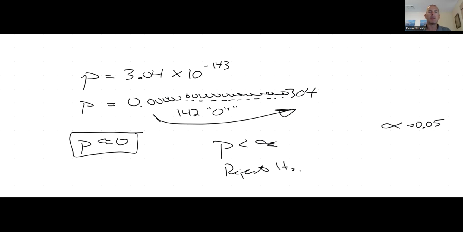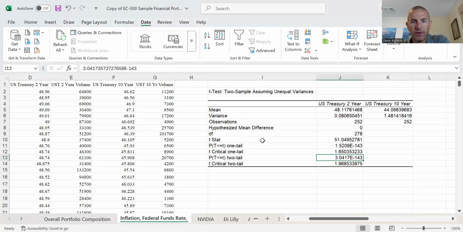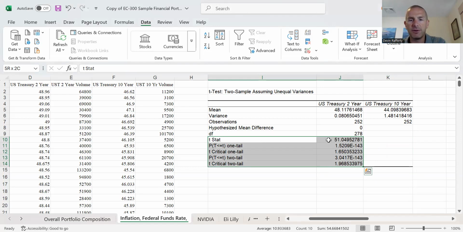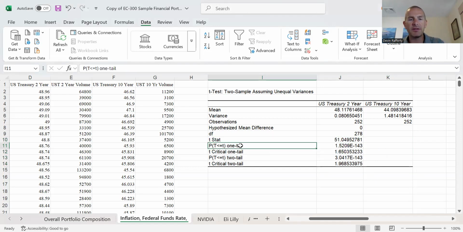Okay. Where did I get all that from? I got it from right here, right? I got it from Excel. Okay. Again, in Excel, we have our test statistic, 51. This is the p-value for a one-tailed test.